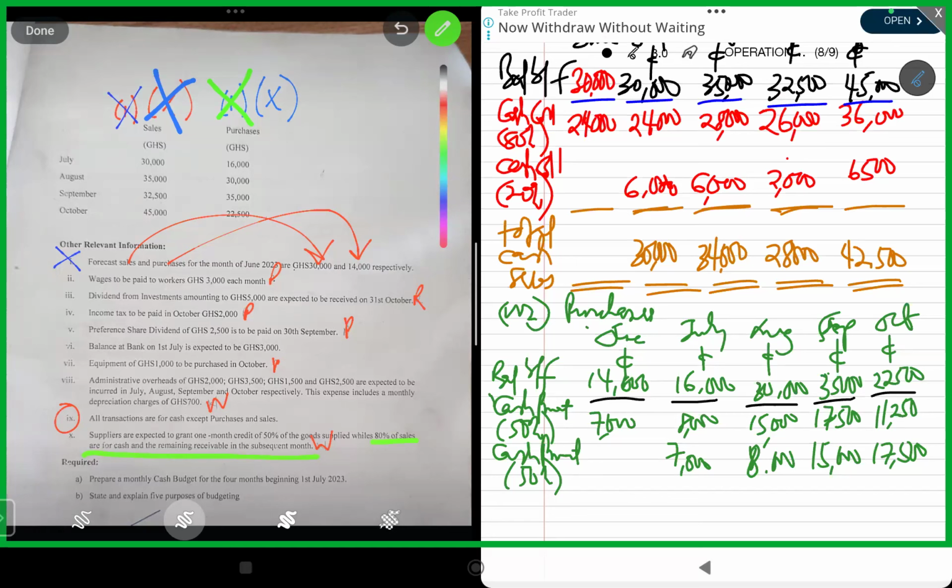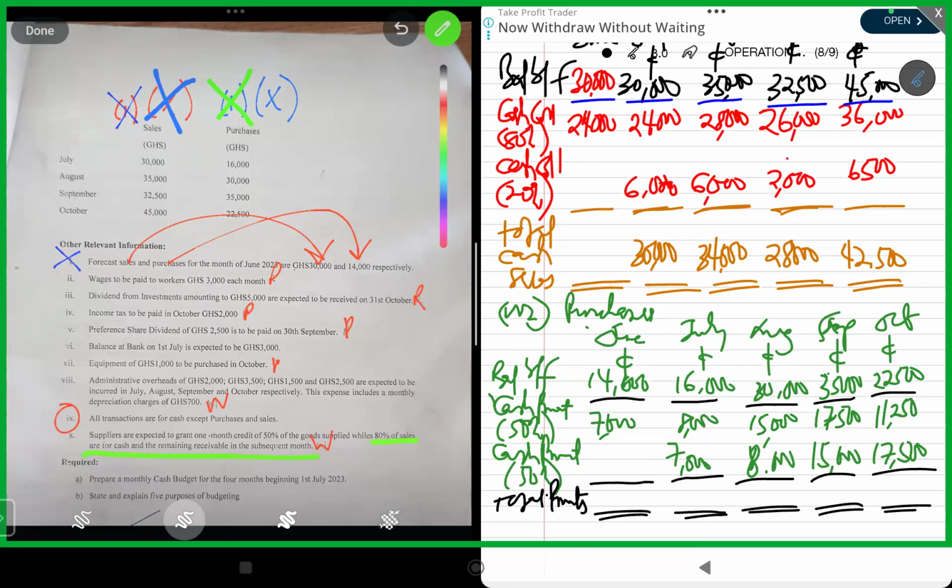Okay. So I'll bring the totals here. So this is the total payments, cash payments. Now, the June figure is not really relevant because it's going to be captured in the main solution.